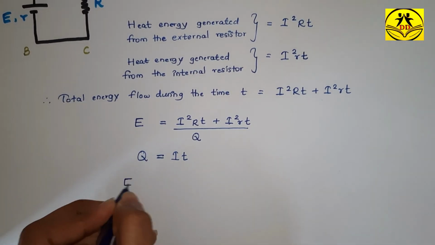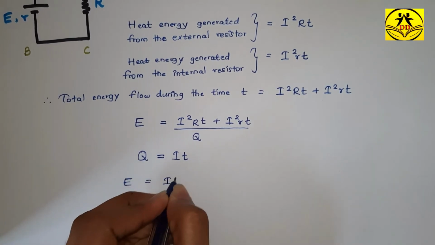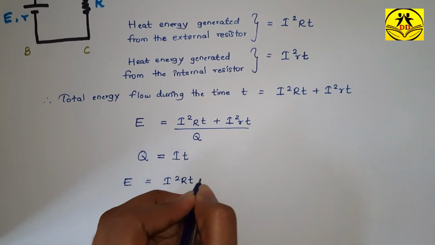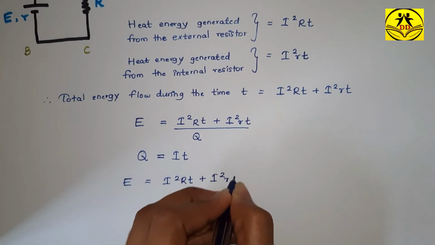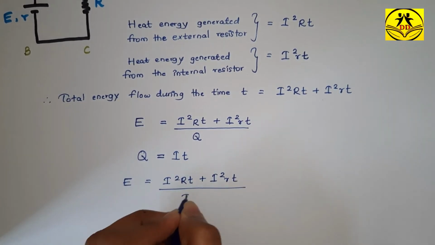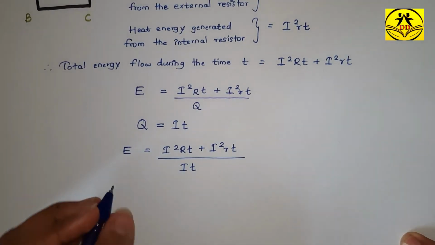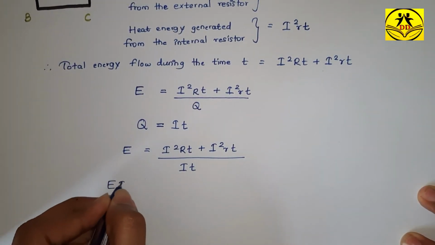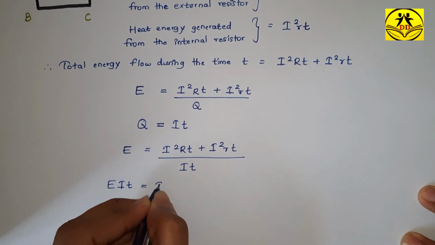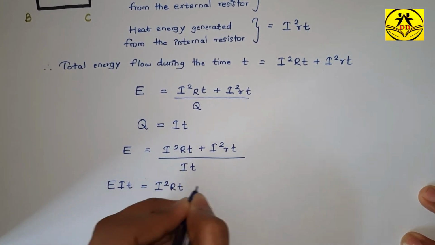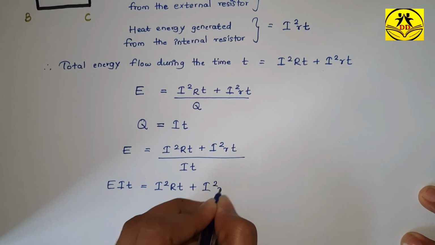So E equals I squared RT plus I squared rT divided by IT. Then you can get this IT to this side. Then EIT equals I squared RT plus I squared rT.